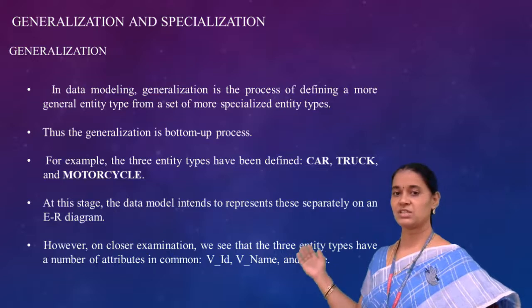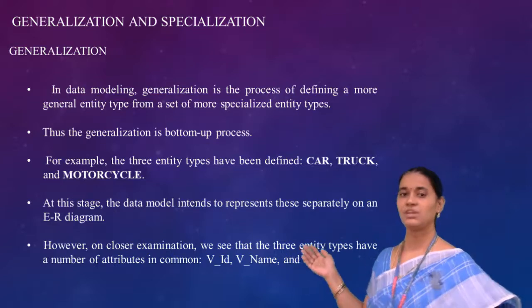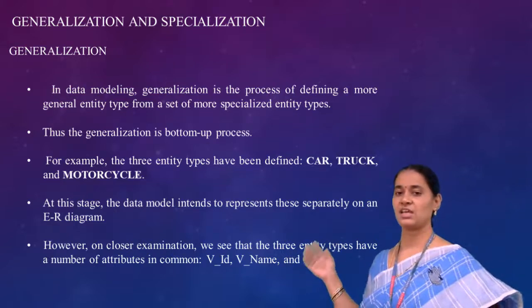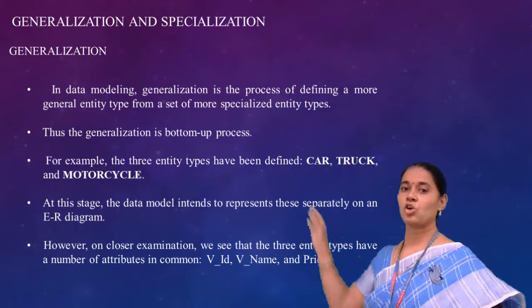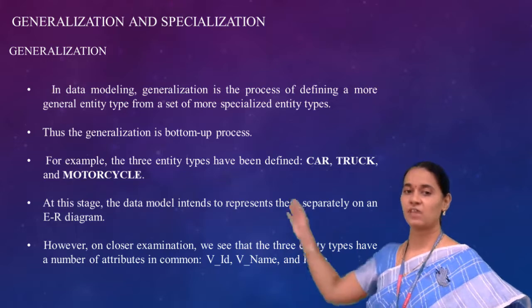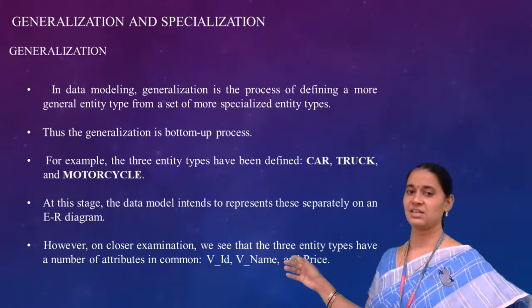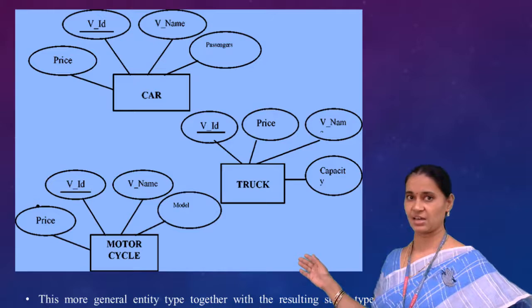If we observe carefully, there are some attributes which are common among these three entities, which include vehicle ID, vehicle name and its price. Let us now see them with the help of this diagram.